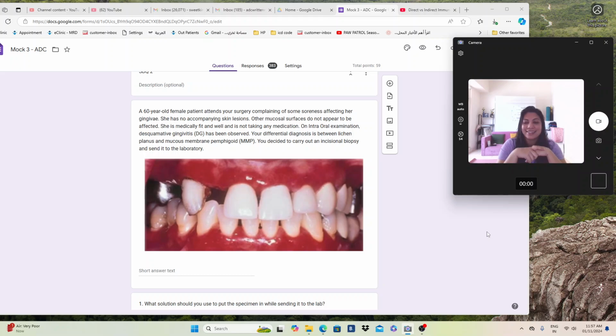So yeah, a 60-year-old female patient attends your surgery complaining of some soreness affecting her gingiva. She has no accompanying skin lesion. Why is that important? It's a very important sentence, because usually a lot of conditions that affect the oral mucosa are systemic conditions.